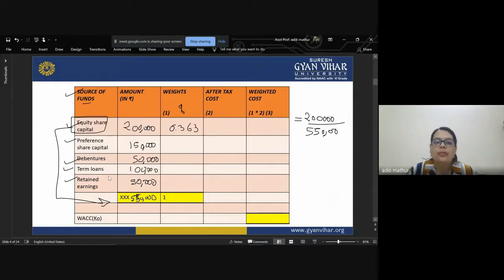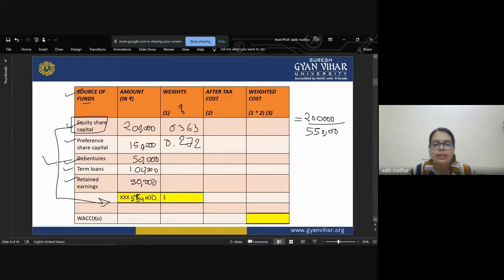Now, let us just use the same method to calculate the weight of preference share. So for the weight of preference share, you will first take 1,50,000 divided by 5,50,000. And your value will be 0.272. Right? Now let us just do it for the debentures.